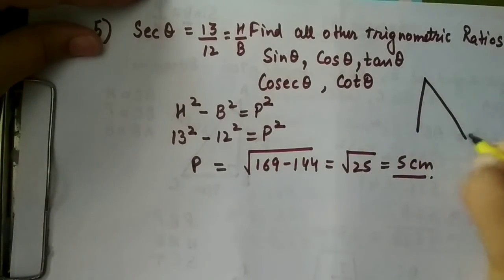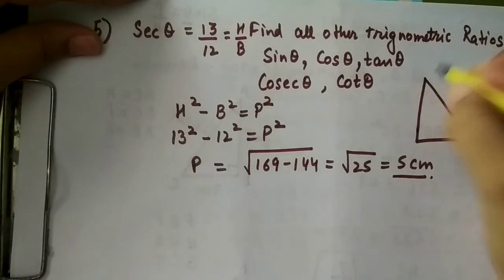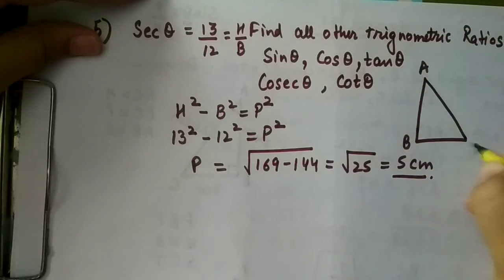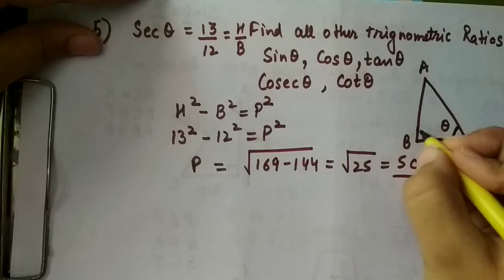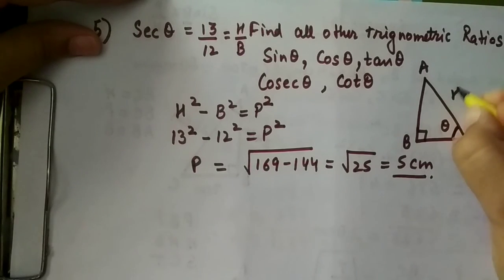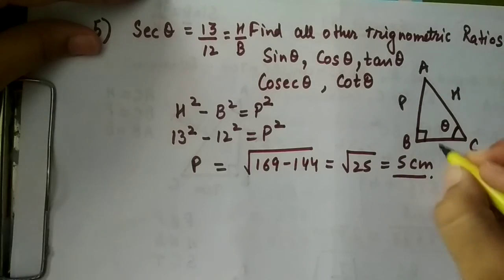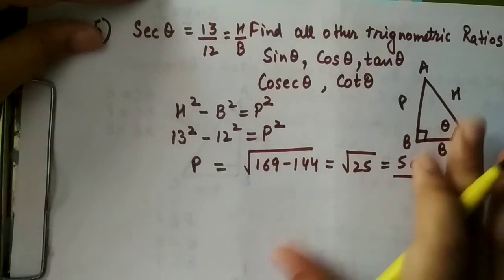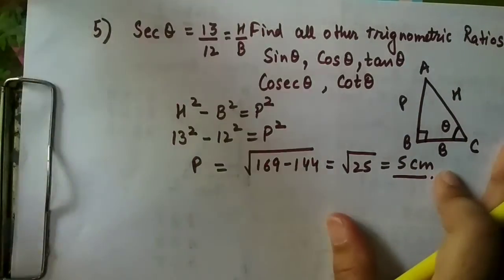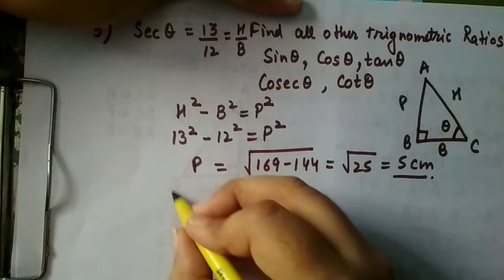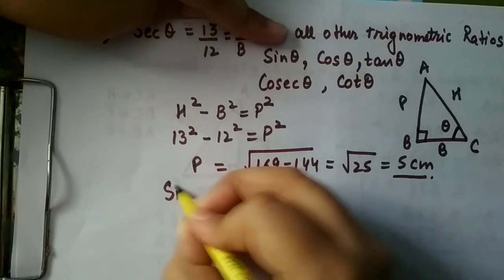Now draw the triangle ABC. Let this angle be theta and this is 90 degree. So this is the hypotenuse opposite to 90 degree angle, this is perpendicular and this is base. Now you know the value of each and every side. So let's find out sine theta first of all.